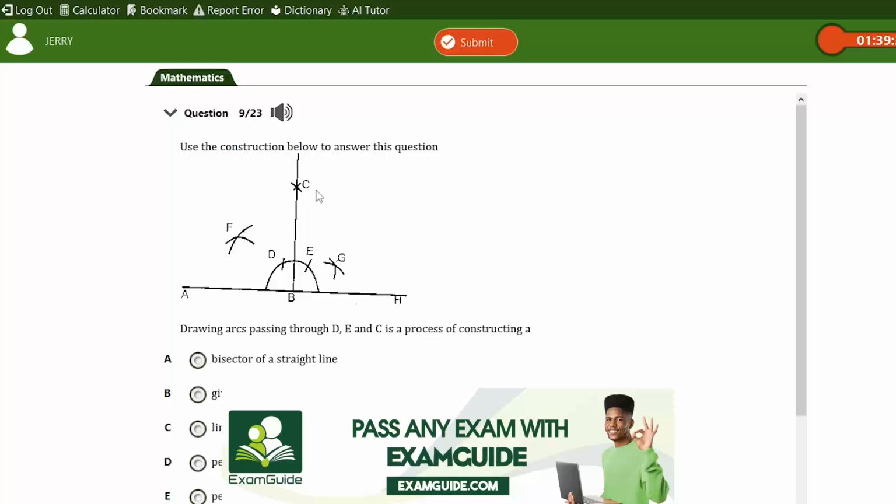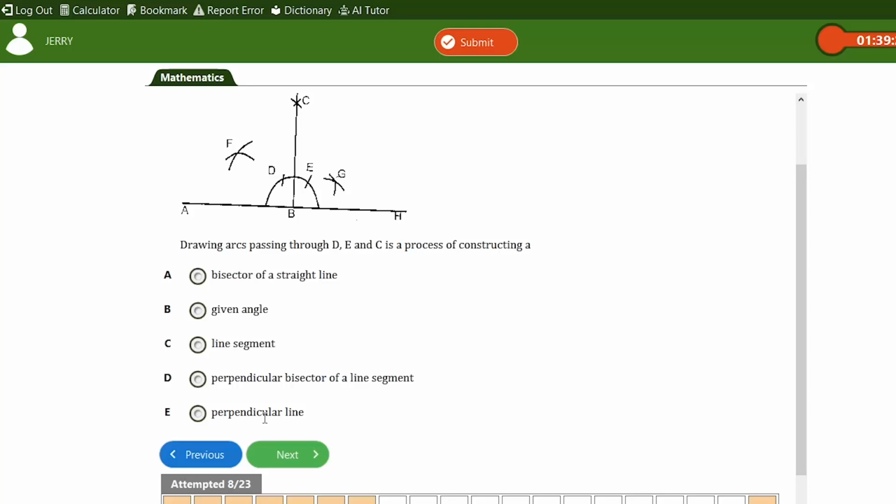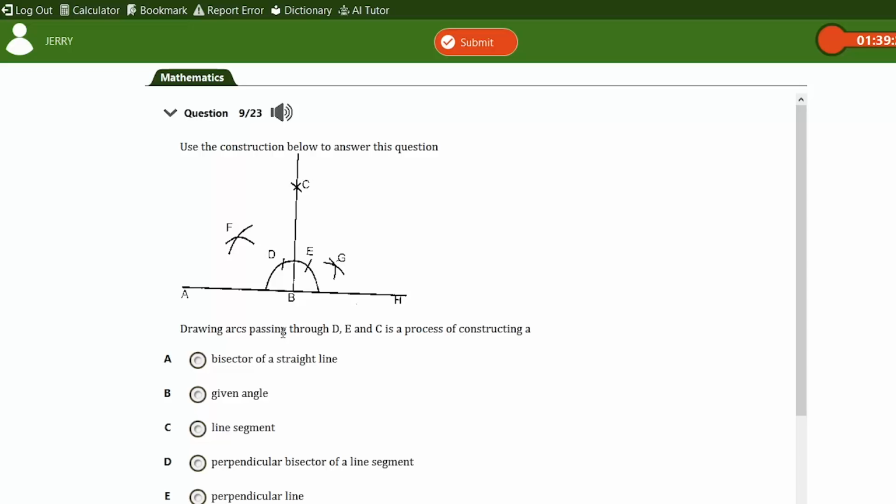It's a process of constructing a dash angle. Is it a bisector of a line segment, a given angle, a line segment, a perpendicular bisector of a line segment, a perpendicular line? Now let's see. If they said drawing an arc or a line, I think that is what is meant there.